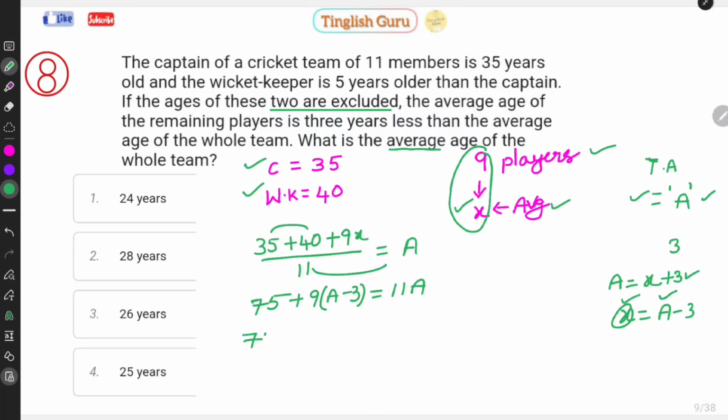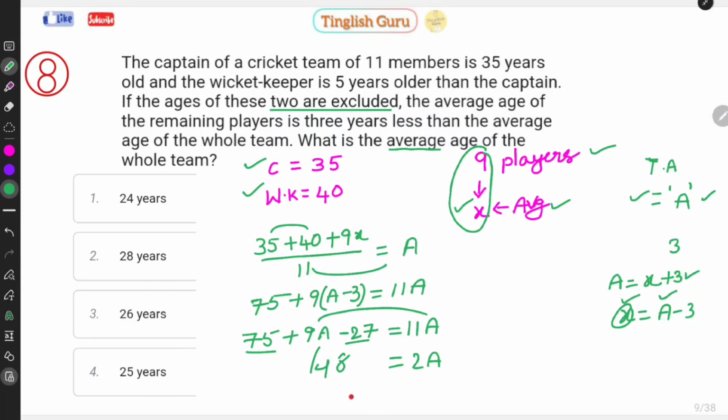So again, 75 plus 9A minus 27 is equal to 11A. So send this 9A to this side, it will become minus, and it will become 2A. Here it is 75 minus 27, that is nothing but 48.